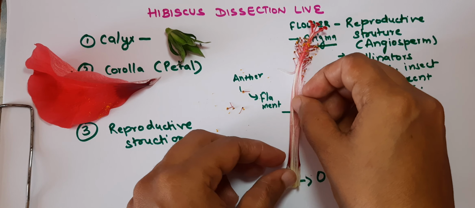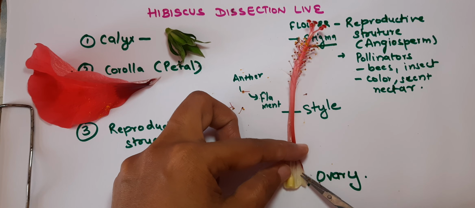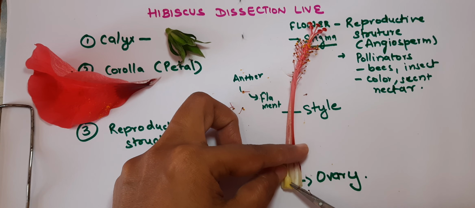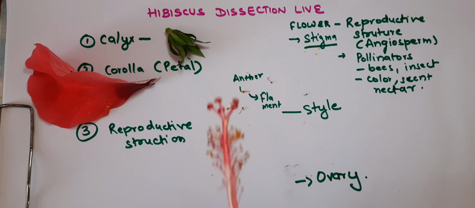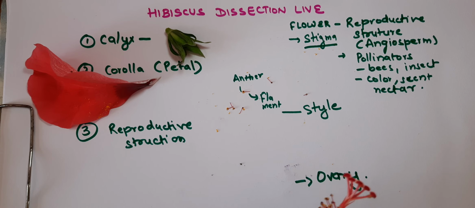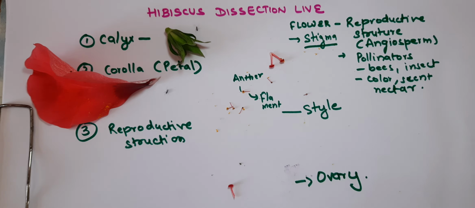You can see that this portion is the ovary. Let me take off the cover so that you can see it more clearly. So these are the stigma.